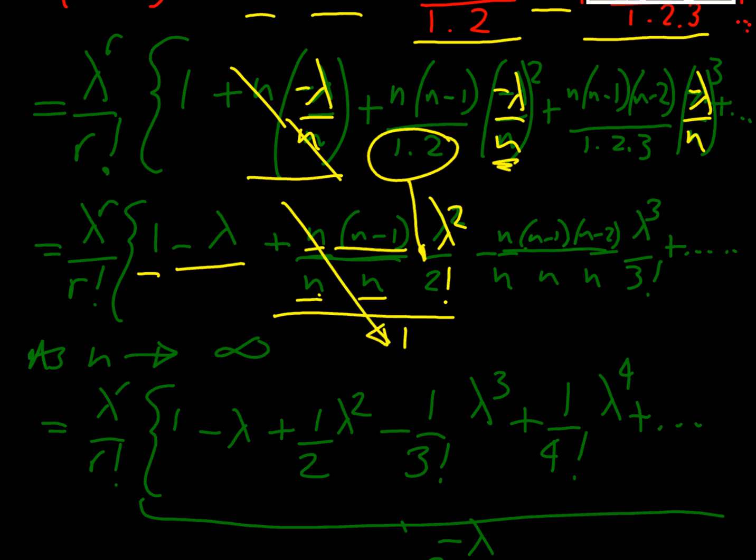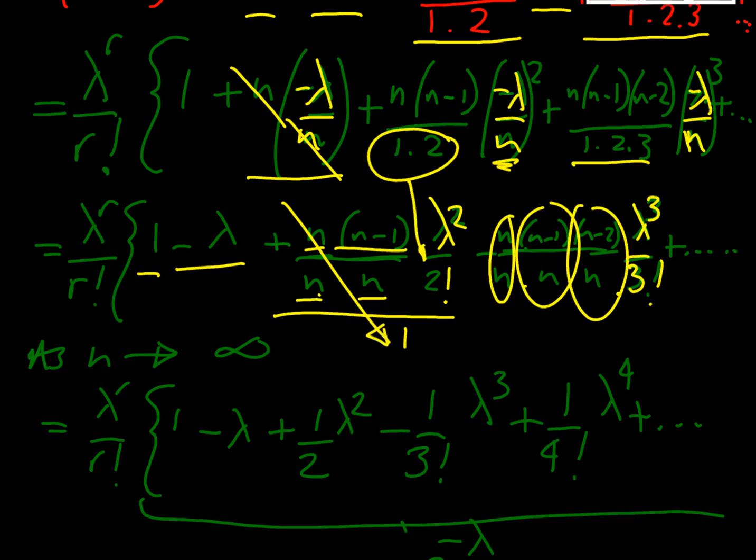If we do the same trick on the lambda cubed term, and we've moved the 3 factorial underneath it, again we've got an n cubed on the bottom, so breaking that up, we can put these into little fraction pairs: n over n, (n minus 1) over n, (n minus 2) over n, and each one of those tends to 1 as n tends to infinity.